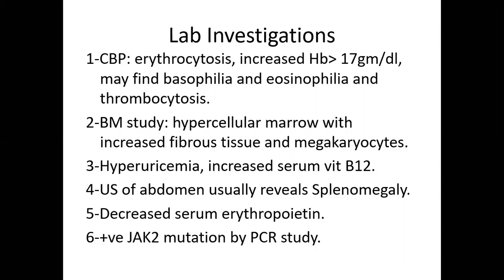There is also hyperuricemia, and some patients will have increased serum vitamin B12. The ultrasound of the abdomen usually reveals splenomegaly, but not in all patients. And this is important: the serum erythropoietin is decreased, and the hallmark of the disease is the presence of a positive JAK2 mutation by PCR study in more than 90% of the patients.